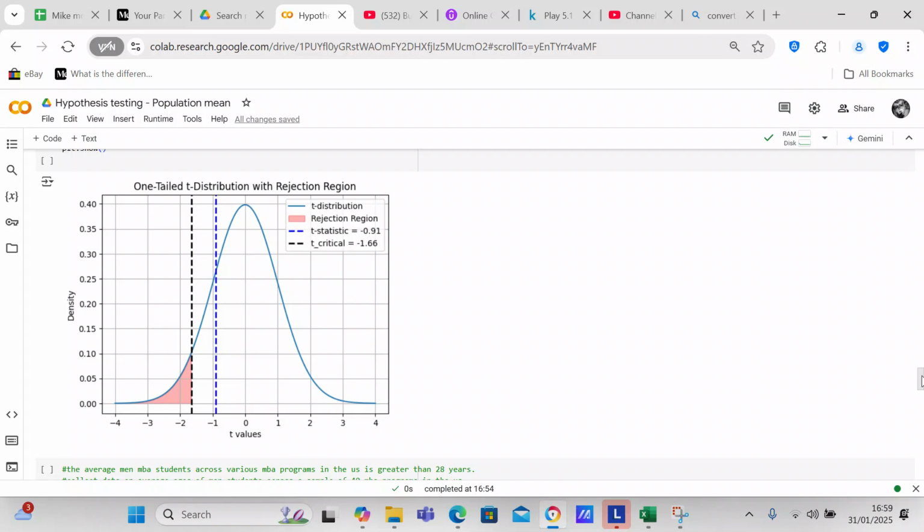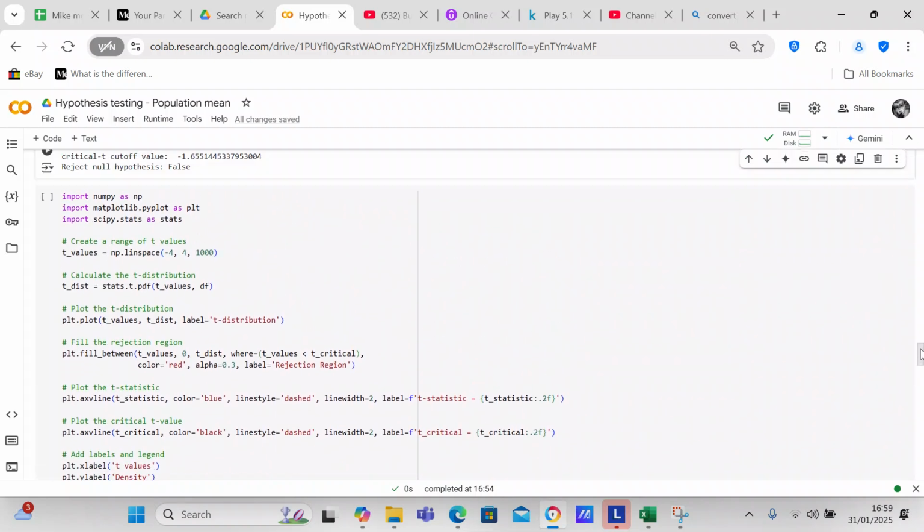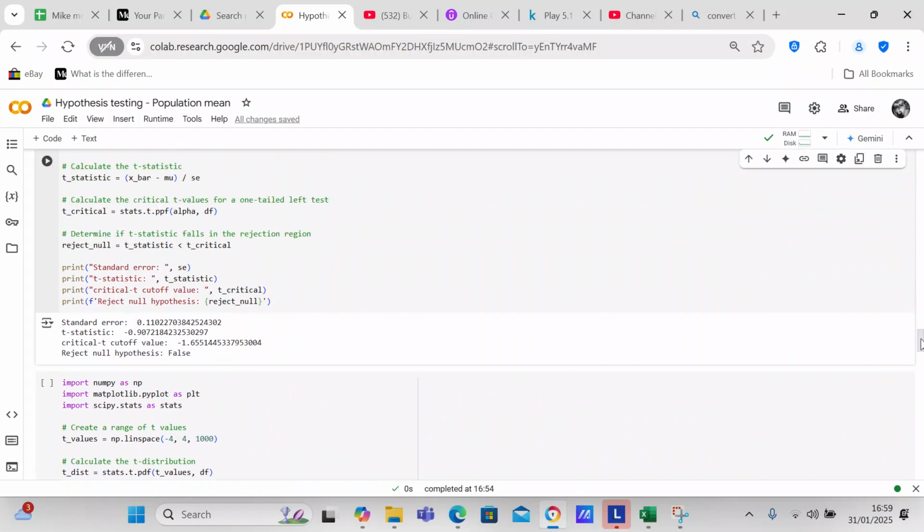So your t-statistic is before the rejection region. And since it's before the rejection region, you cannot reject the null hypothesis. So t-statistic is less than t-critical, which is false.